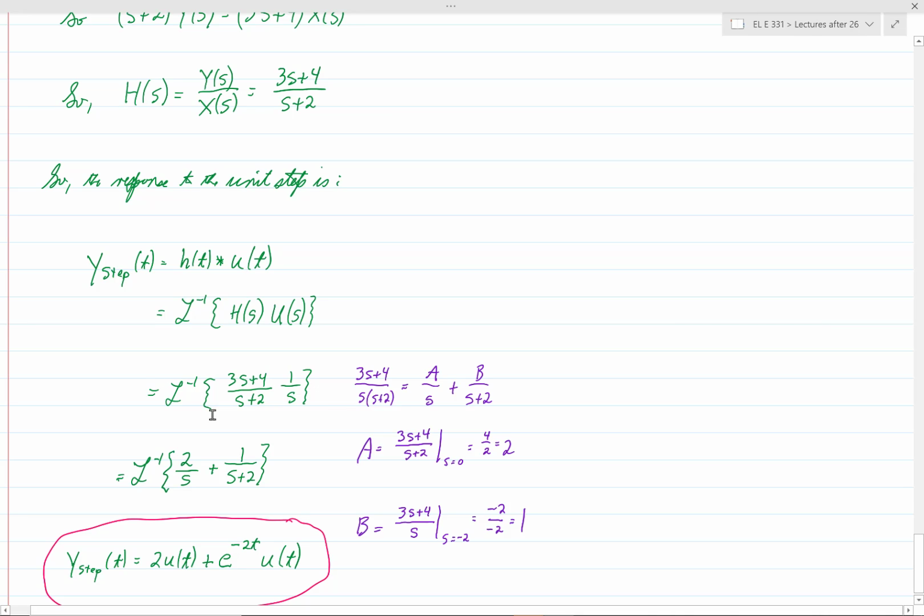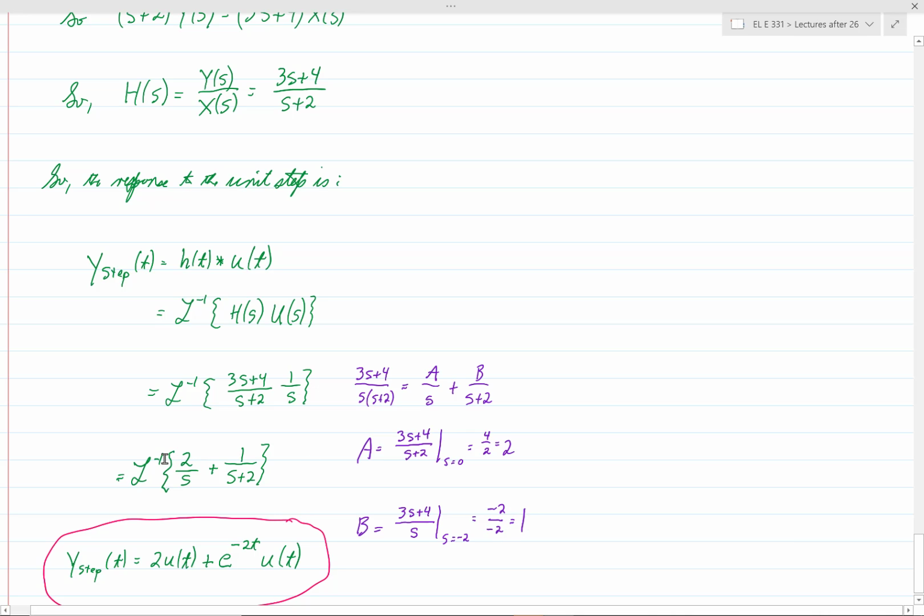If we want the inverse Laplace transform of that, we're going to use the Heaviside method. That's the easiest way. So we write it as A over s plus B over (s plus 2). A will be equal to (3s plus 4) over (s plus 2), evaluated at s equals 0, which is 2. And B will be (3s plus 4) over s, evaluated at s equals negative 2, which is negative 2 over negative 2, which is 1.